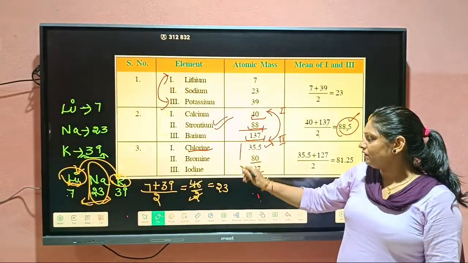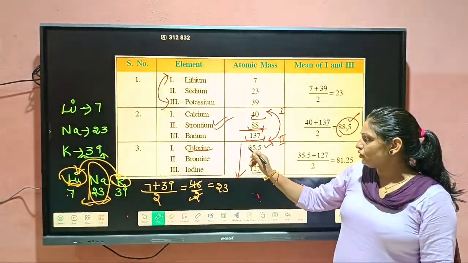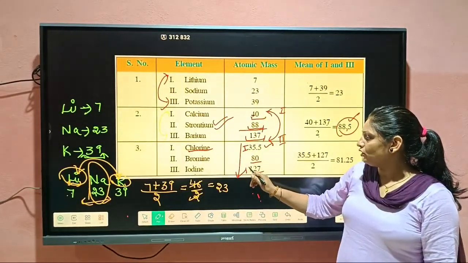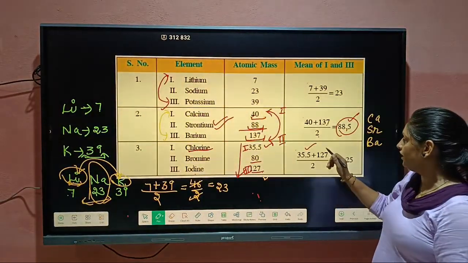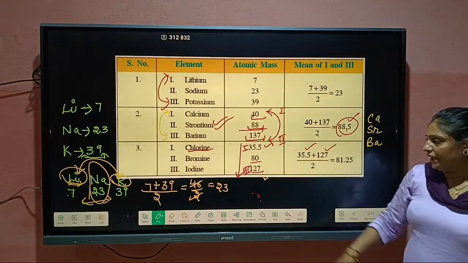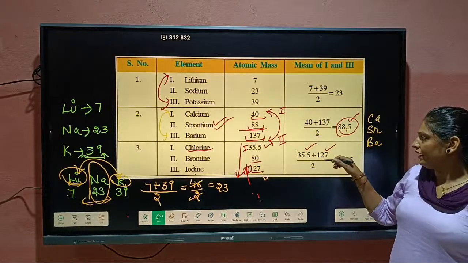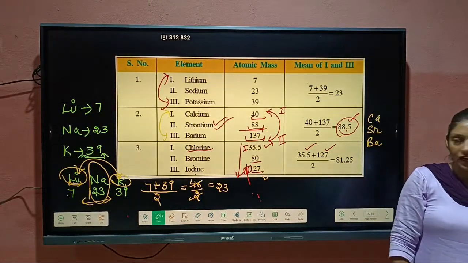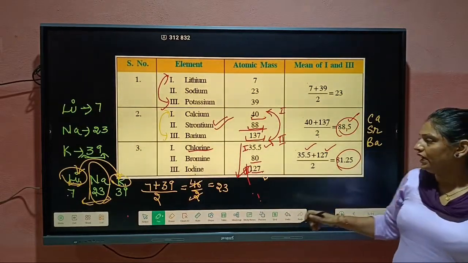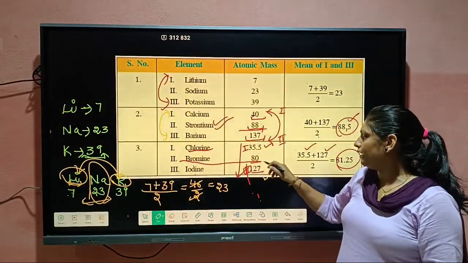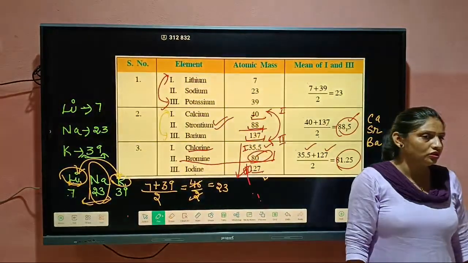If I arrange them in order of increasing atomic mass, then we take the atomic mass of the first element, 35.5, plus the atomic mass of the third element, 127, and calculate their arithmetic mean by dividing the total sum by 2. It is 81.25, and it is nearly equal to the atomic mass of the middle element, the mass of bromine. Clear to you or not, students?